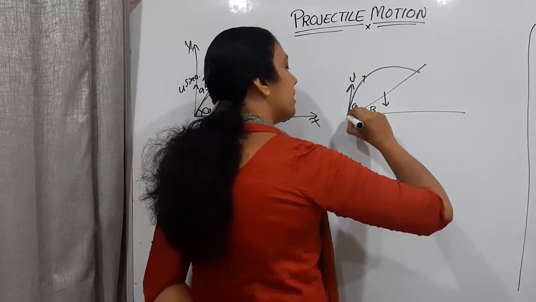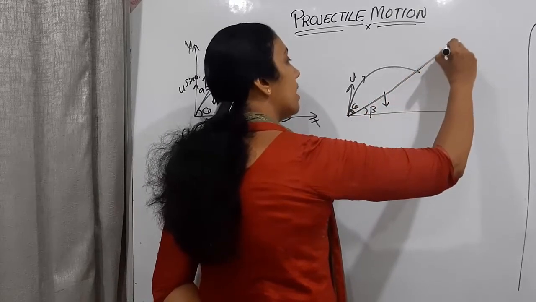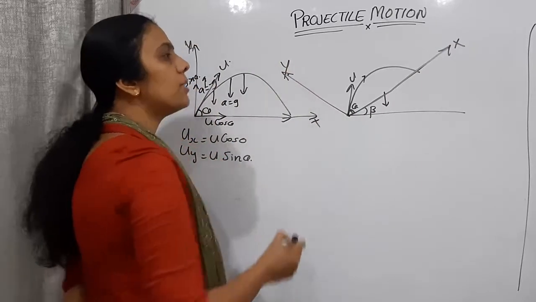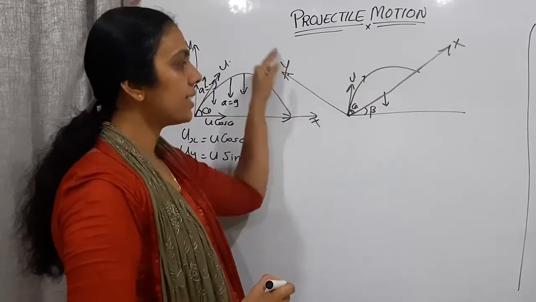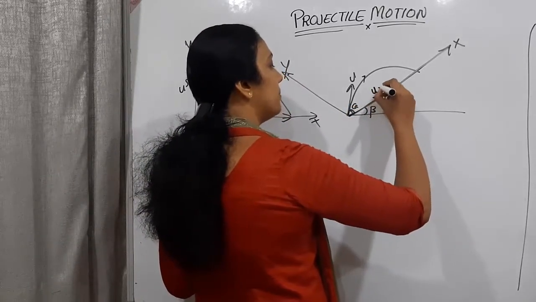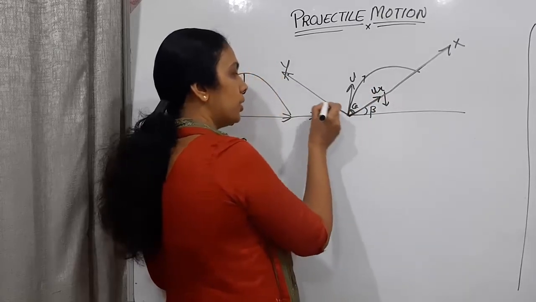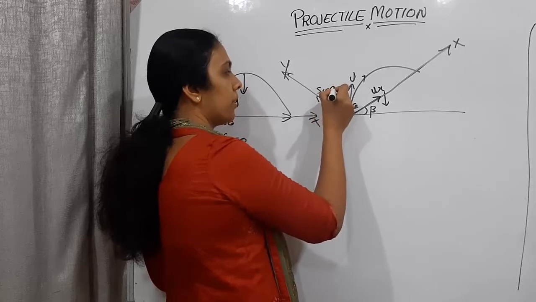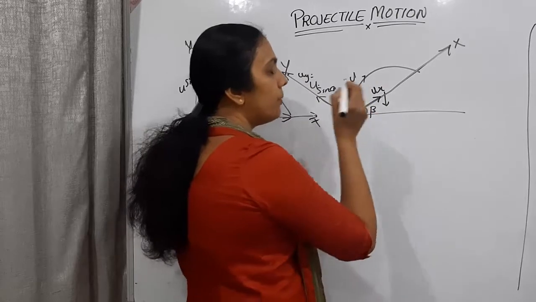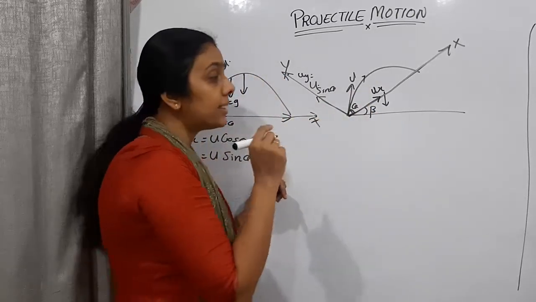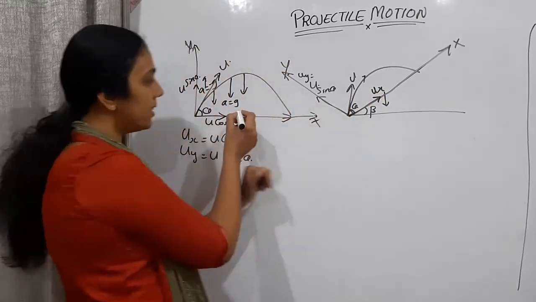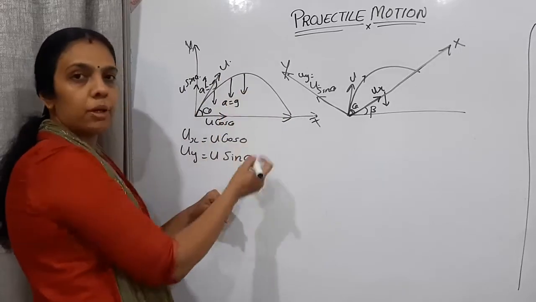So we will consider this as our x-axis and this as our y-axis. So this is x and this is y. Next we consider u as ux, u cos theta in this direction, and uy, u sin theta in this direction. Now the acceleration is not acting exactly perpendicular to this x-axis. In the earlier case, acceleration acts exactly perpendicular downward.